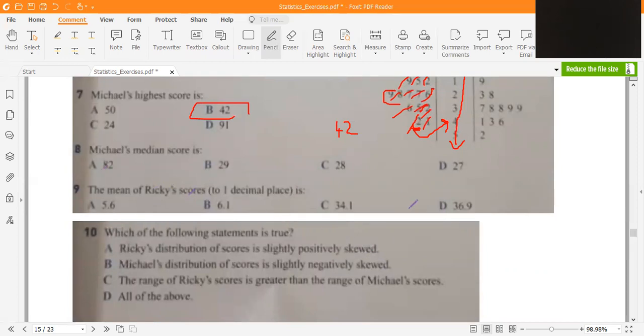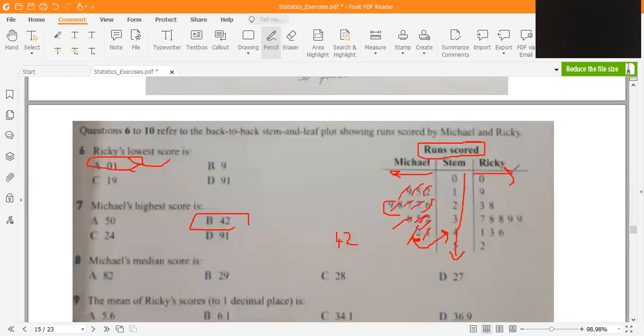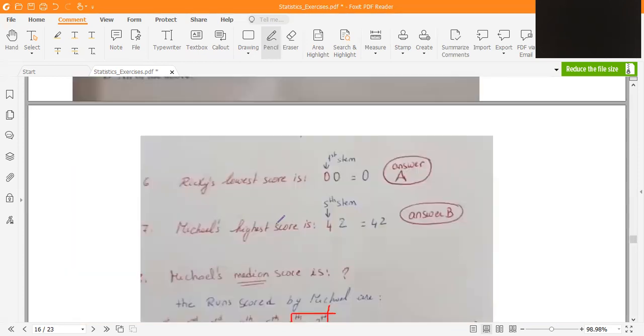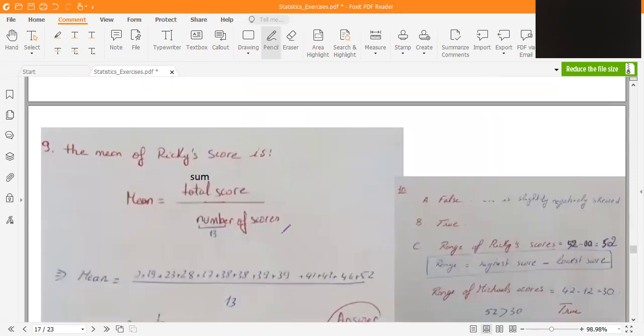The mean of Ricky's score. How do we obtain the mean? The average is the total, the sum over the number of scores.